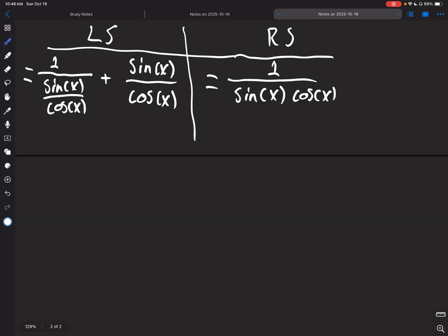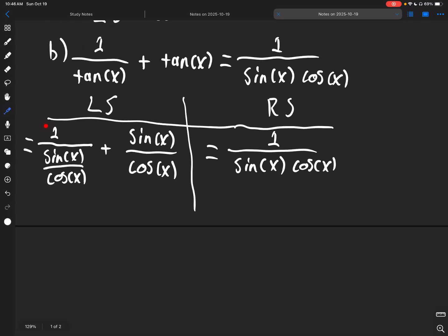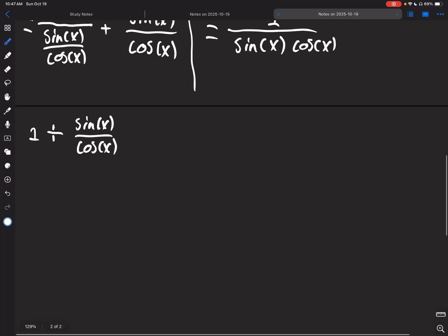So let's continue. So now this will become, if we look here, we've got a fraction over a fraction. Now we got to be careful here. But if you remember in one of our past videos, the way I like to think about it is 1 divided by sine x over cos x, which, if you remember your fractions, when you're dividing fractions, all you need to do is flip it.